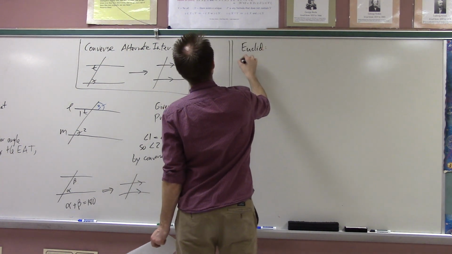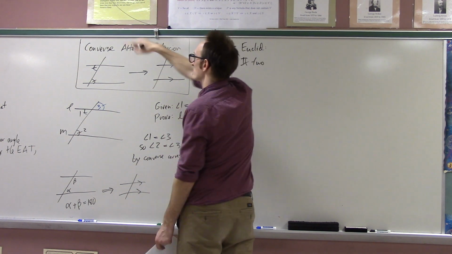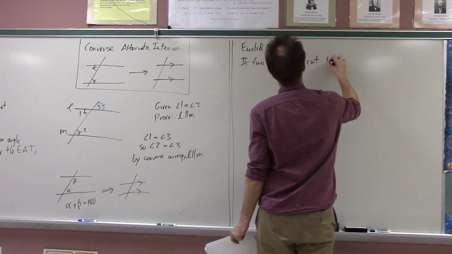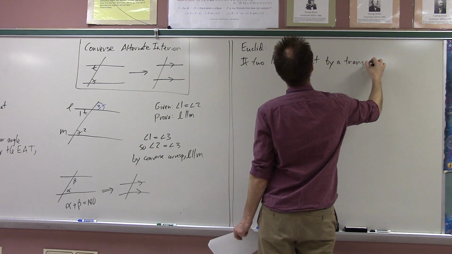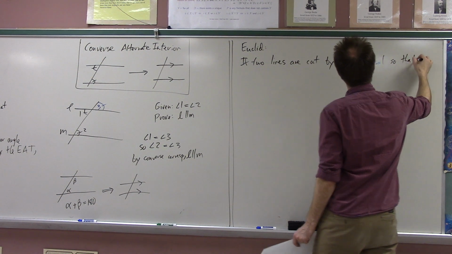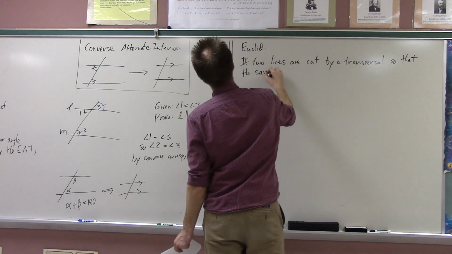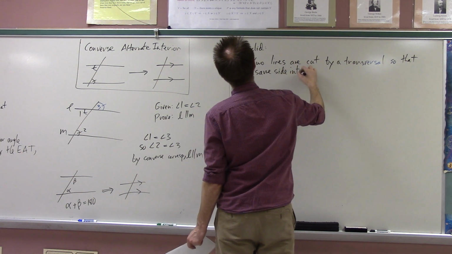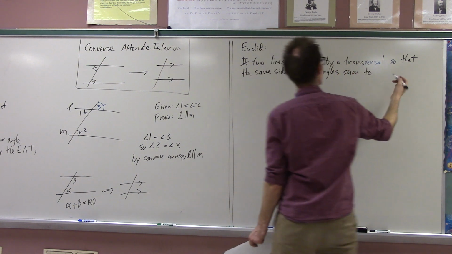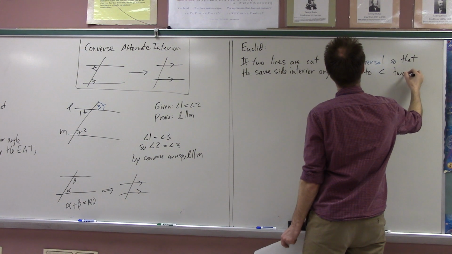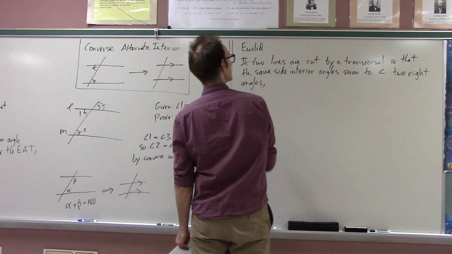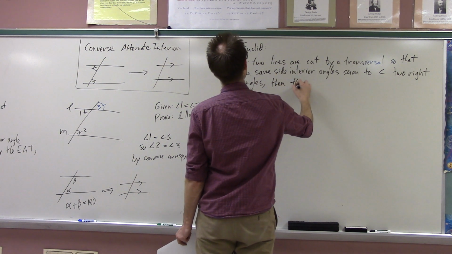And what it says is, this was postulate 5 that I was too lazy to write before, if 2 lines are cut by a transversal so that the same side interior angles sum to less than 2 right angles, that's how Euclid puts it, in other words, less than 180, then the lines intersect.